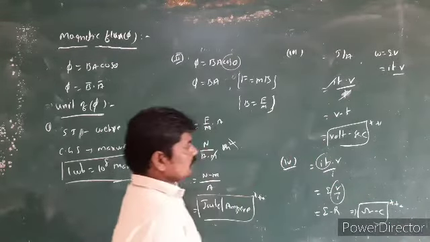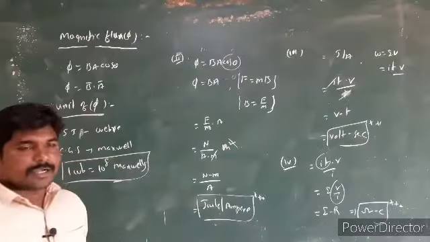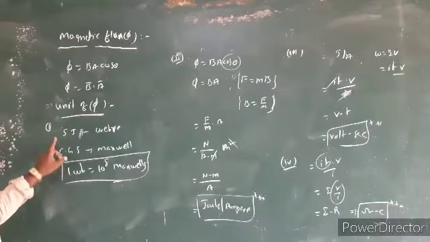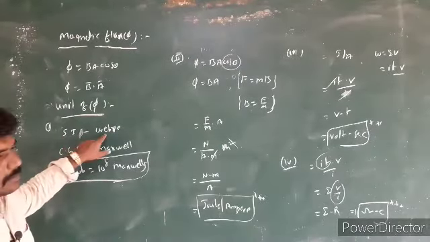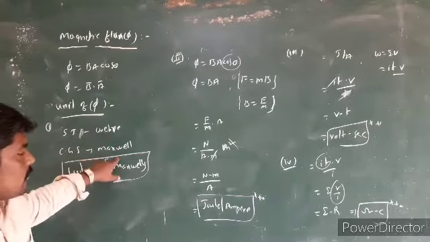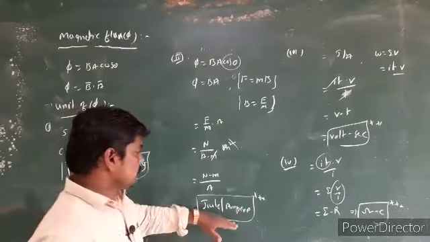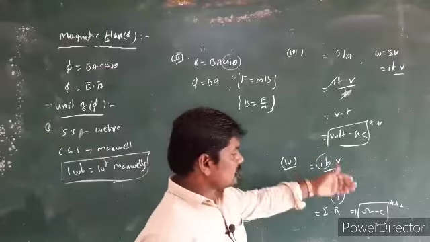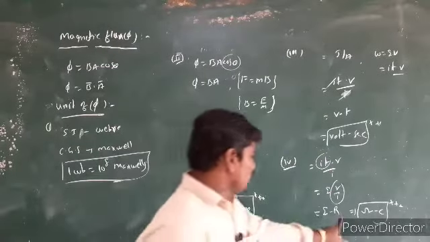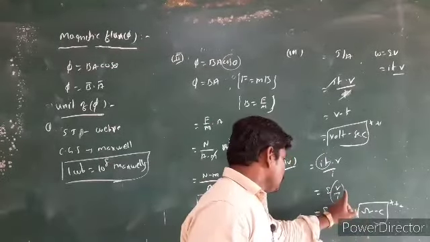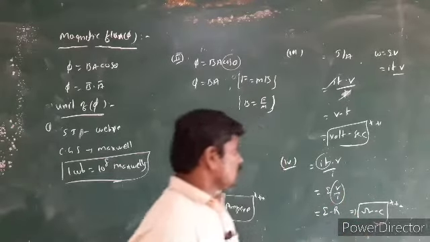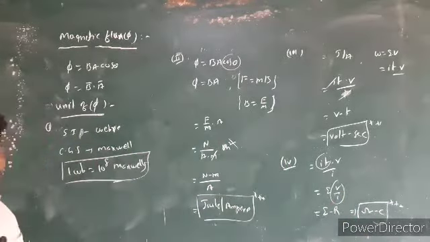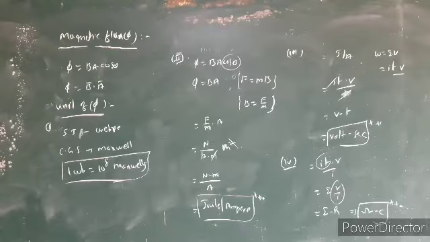This is also one of the units of the magnetic flux. Now the general unit is Weber, SI unit, CGS unit is Maxwell. Other SI units are like this: joule per ampere, volt second, ohm coulomb. Voltage by current is nothing but resistance. These are the units of the magnetic flux.